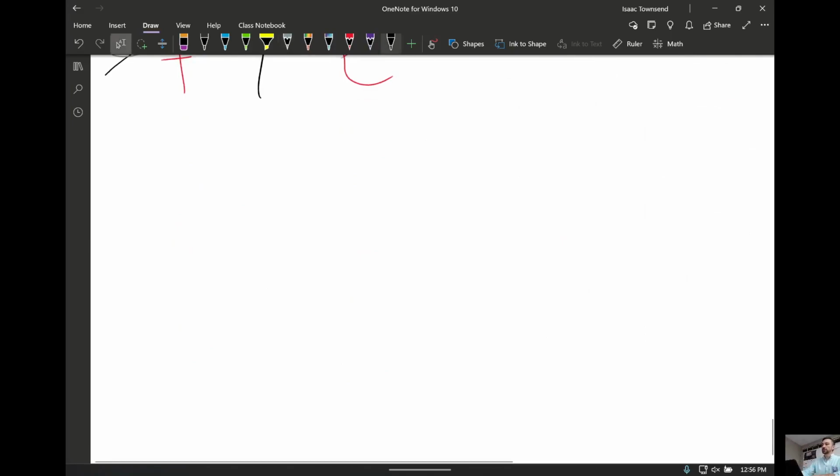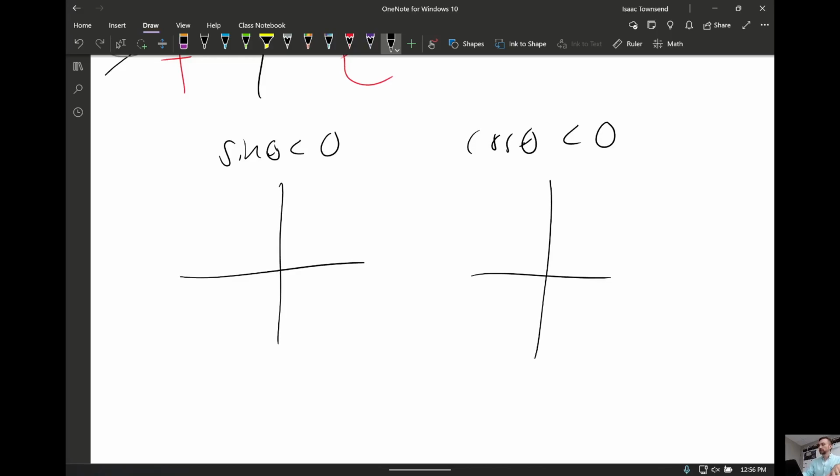Yeah, I do something similar to that. Number 20 was this one that you showed me? Yes, sir. And cosine is smaller than 0. Yep. I actually do kind of like what you did, but I just make 2 little charts and then say sine is negative.